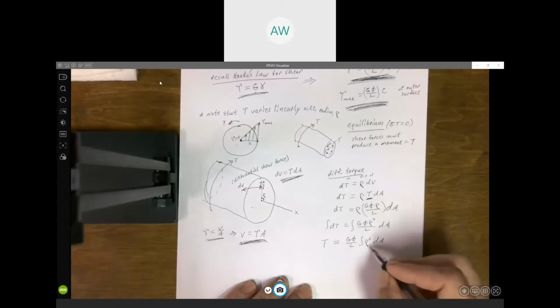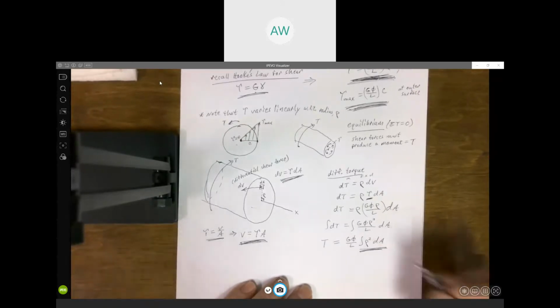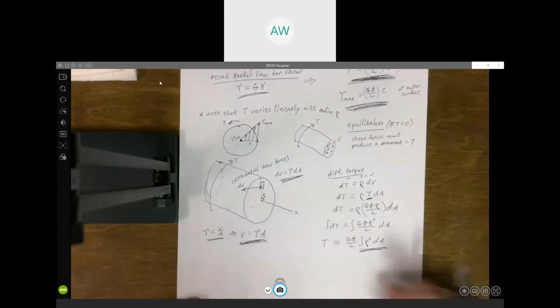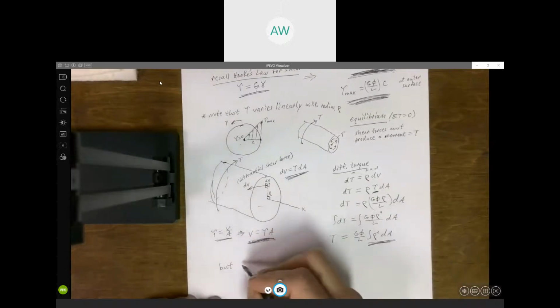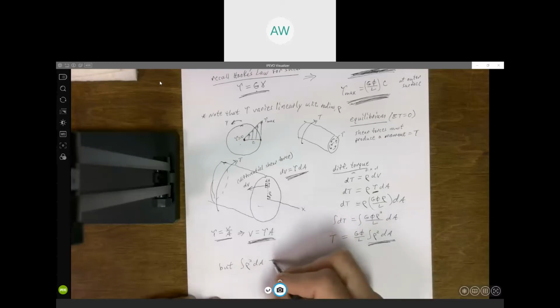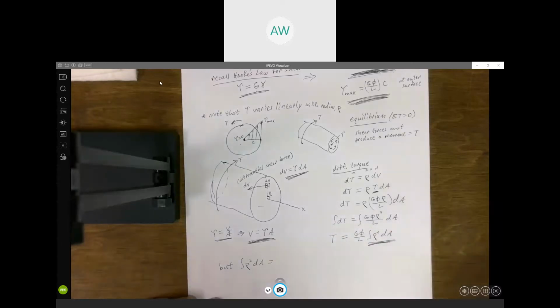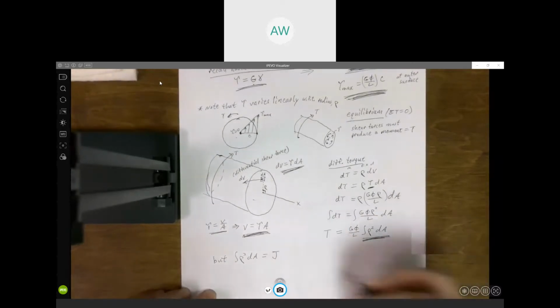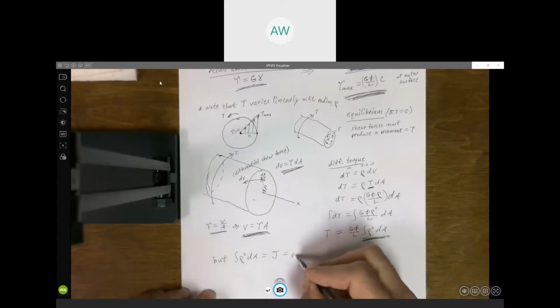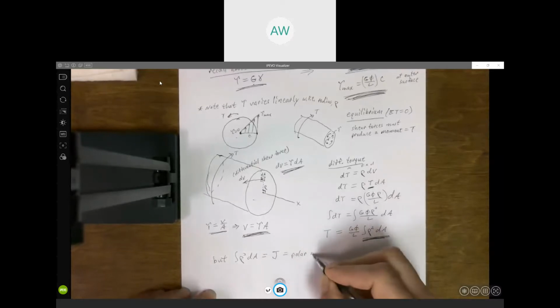Now, this integral here you may or may not recognize, but it's the moment of inertia. This integral, rho squared dA, this textbook does what most textbooks do as far as notation. They call this J, the polar moment of inertia.